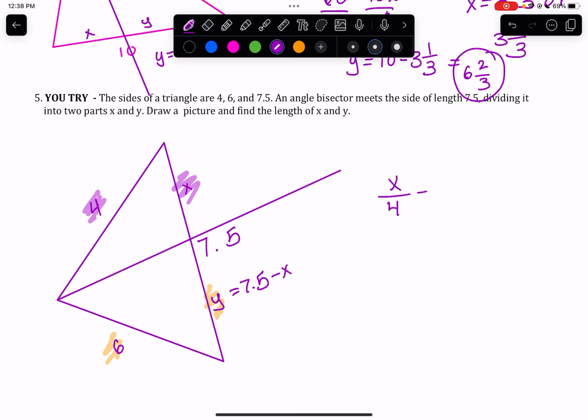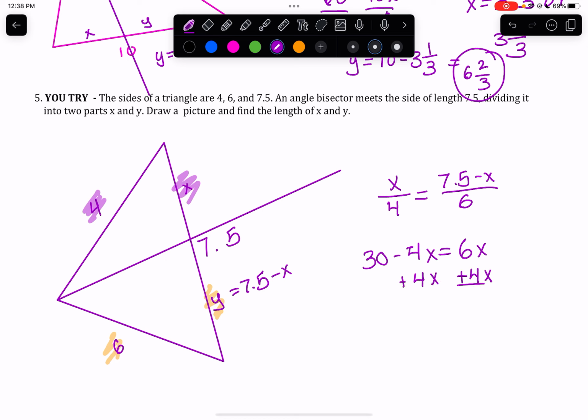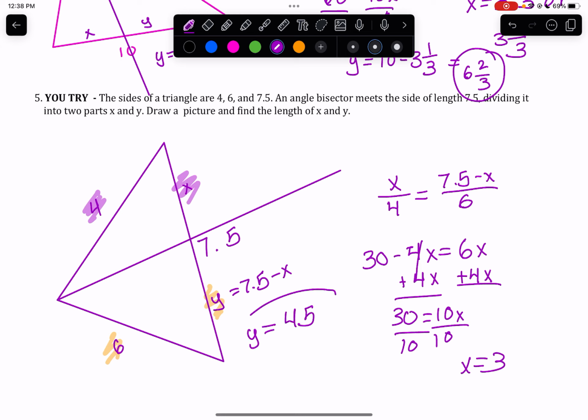So x over 4 is equal to 7.5 minus x over 6. Cross multiply. So 7.5 times 4 is 30 minus 4x equals 6x. Add 4x to both sides. So we're going to get that x is equal to 3. So if x is equal to 3, then y will be equal to 4.5.